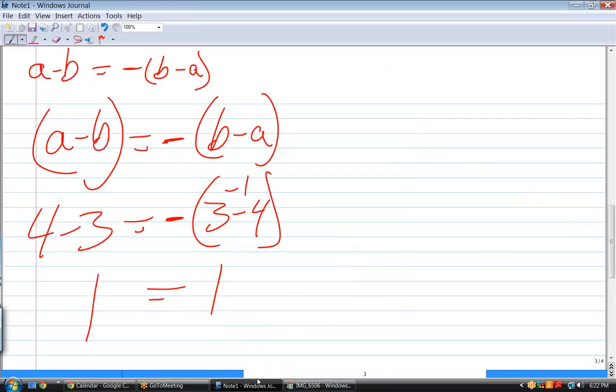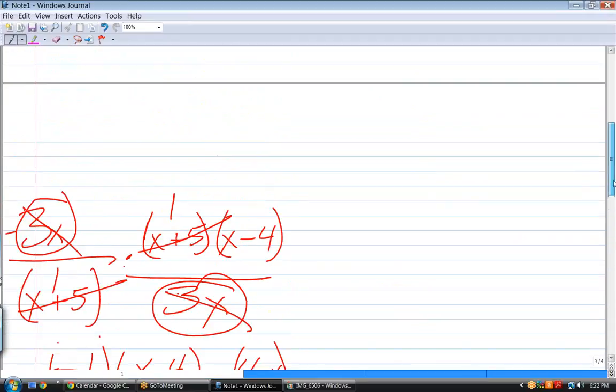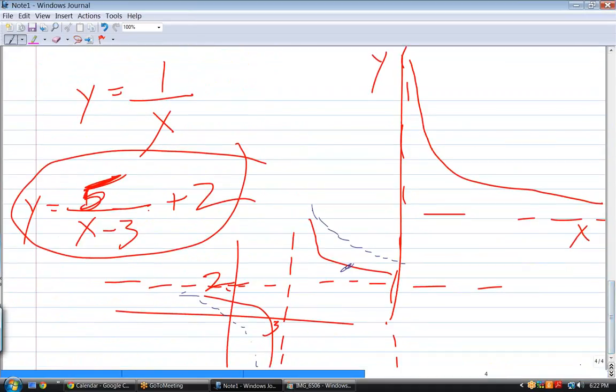Okay. It's still going to be asymptotic with those asymptotes. In other words, as X goes to infinity, Y will approach the horizontal asymptote.